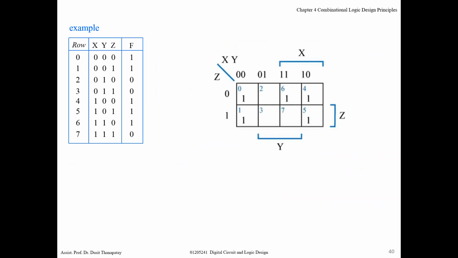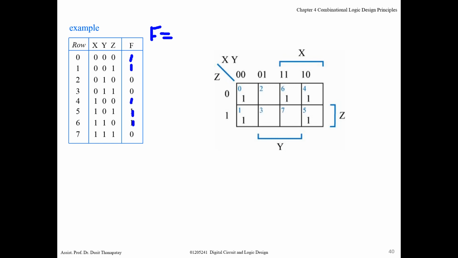Okay, and how about this one? For this example, for this function, actually you can again complete the function by finding the minterm for each logic 1 output.